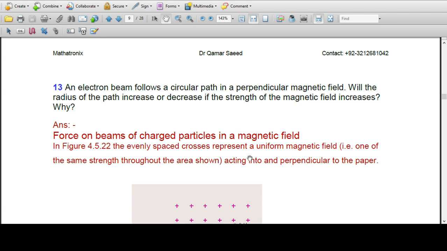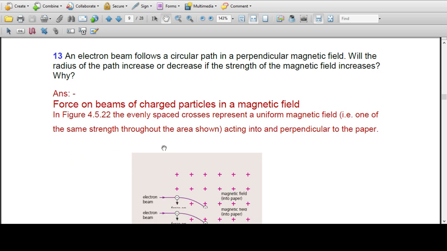An electron beam follows a circular path in a perpendicular magnetic field. Will the radius of the path increase or decrease if the strength of the magnetic field increases? Why?